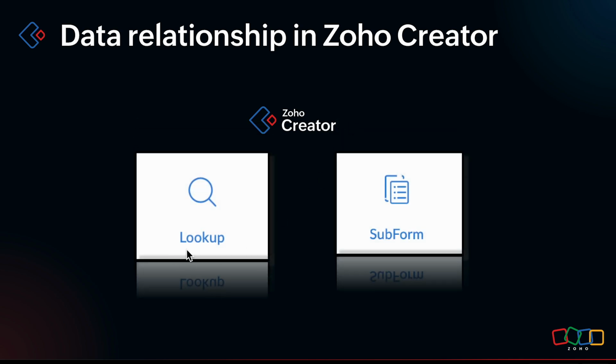The first one is going to be your lookup field, and the second one is going to be your subform field, right? So in this webinar, that is for the month of May, we will be learning in detail about the lookup field in Zoho Creator and how you can use this field to bring in data relationship into your application. For the following month, that is for the Tech Connect webinar for the month of June, we will be covering how you can build data relationship using subform in Zoho Creator, right?